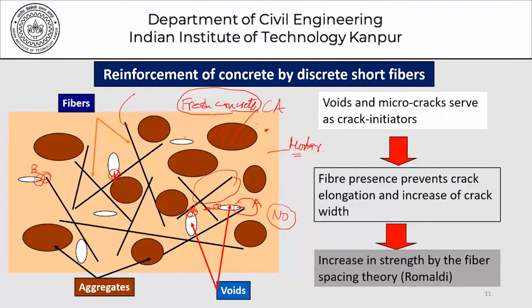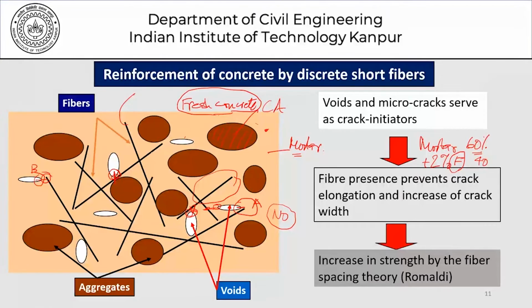Conversely speaking, in order to add a certain amount of fibers, suppose we have a concrete to begin with which has 60% mortar and 40% coarse aggregates. Now in this, if I want to add, let's say 2% fibers, can I manage with the same 60% mortar and 40% coarse aggregates?